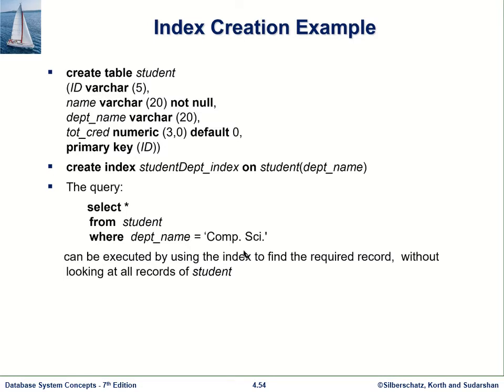And then when we initiate this query, SELECT * FROM student WHERE department name equals computer science, we only load those records belonging to computer science. We will not load all the others, and then continue with the rest. Here we just want to print out all the records in computer science. So this one will be more efficient than loading all the records of the student table into memory and then examining them one by one.